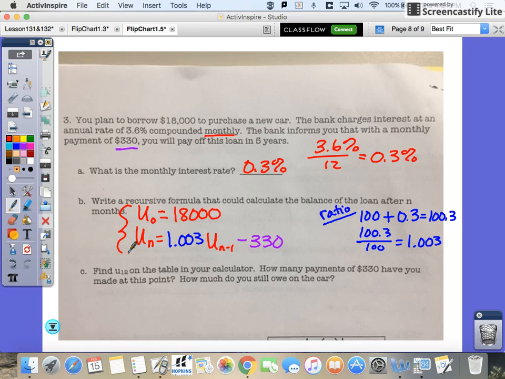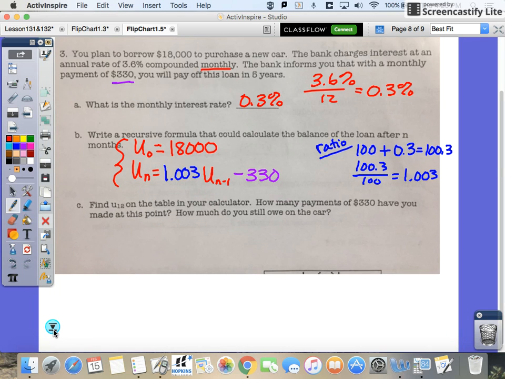This one says find u sub 12 on the table in your calculator. How many payments of $330 have you made at this point? How much do you still owe on the car? So I'm just going to show you how to type this into your calculator without using the table. So first of all, before we get to those numbers, how many payments of $330 have you made?